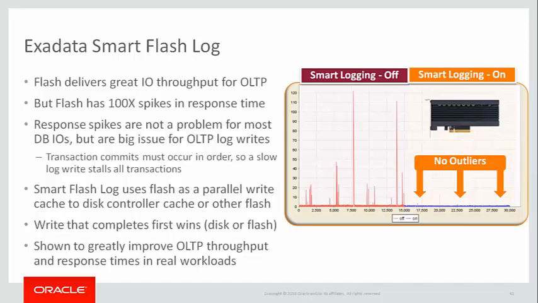One is flash, second is a disk controller cache, and whichever comes first, the log is considered written, and thereby the transaction can move on. So this feature improves significantly on the OLTP side and improves the latency.